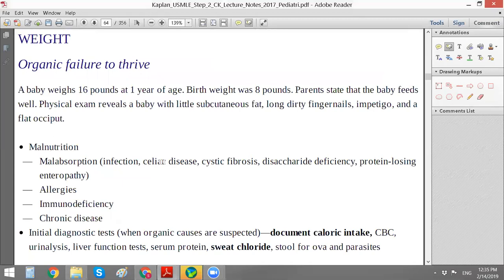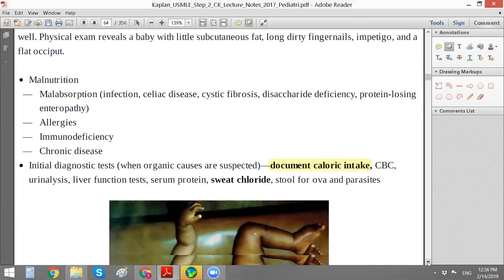Causes include malnutrition, malabsorption, infection, celiac, cystic fibrosis, disaccharide deficiency, protein-losing enteropathy, allergies, immunodeficiency, chronic disease. Initial diagnostic step is to document the caloric intake. Then CBC, urinalysis, LFTs, renal function tests, serum protein, sweat chloride, stool for ova and parasites, everything.